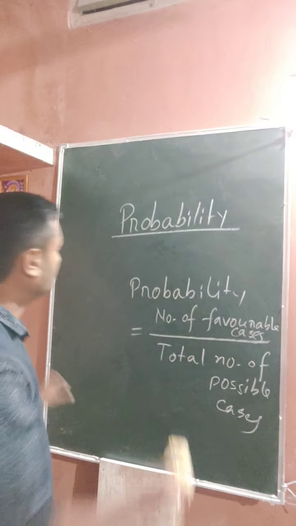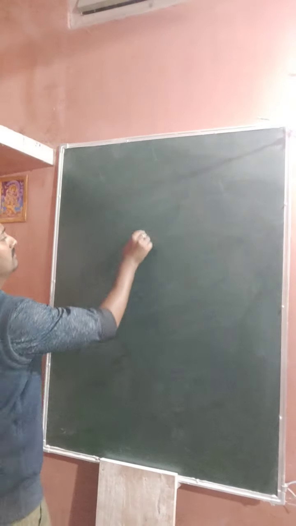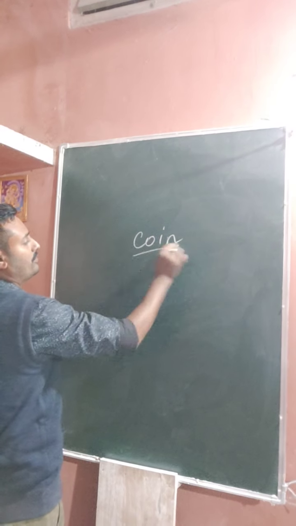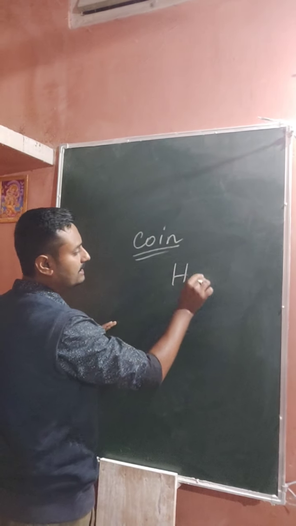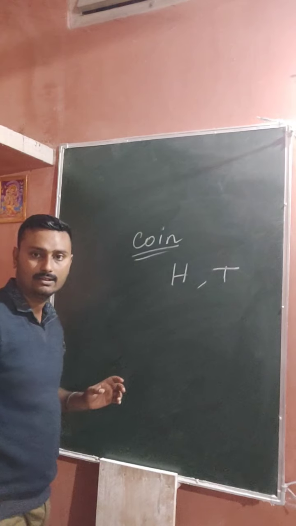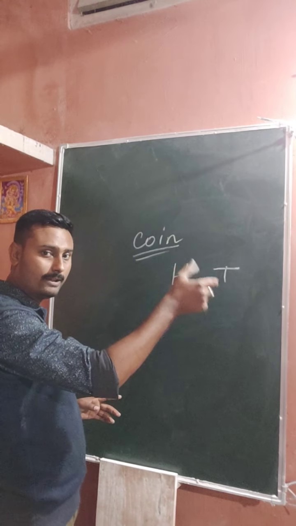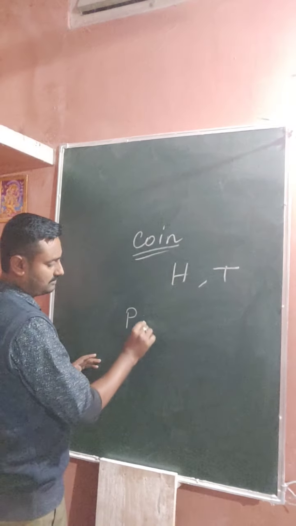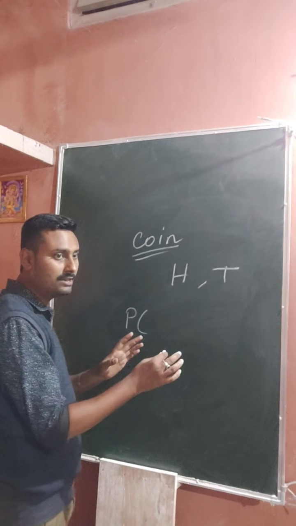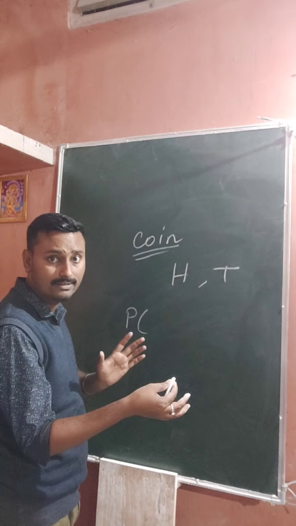Okay, now suppose let us consider a coin. All of you know that a coin has a head and a tail. Now suppose you toss a coin. The question is, what is the probability of getting a head?